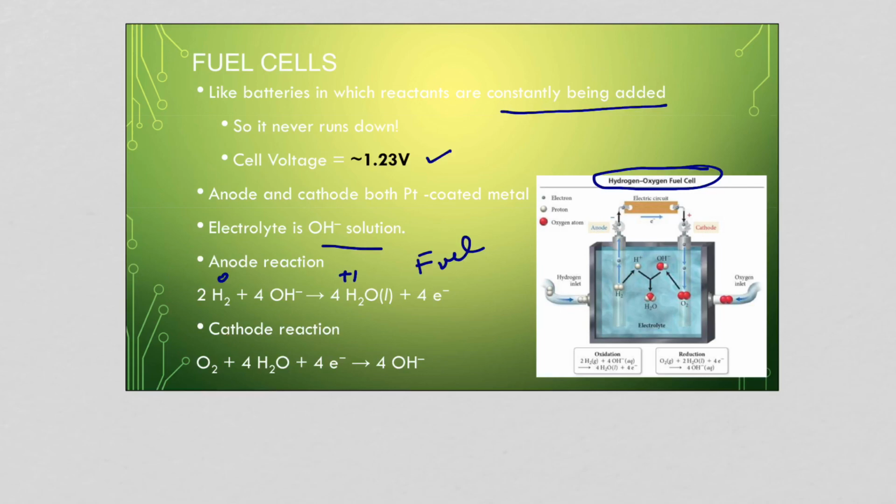At the cathode, you have oxygen coming in on the other side, and that oxygen is being reduced from oxygen 0 to oxygen minus 2, forming hydroxide. So we can see the cycle here.